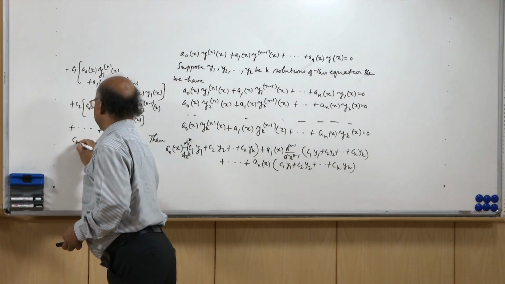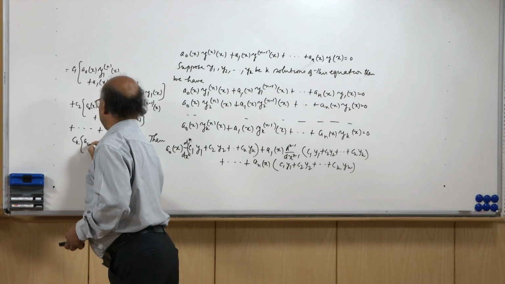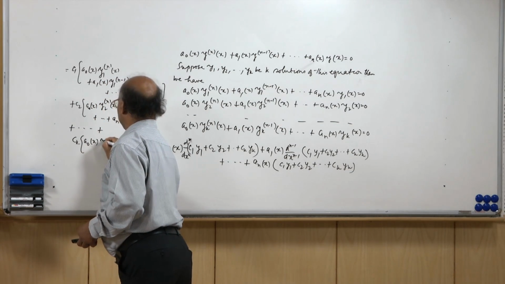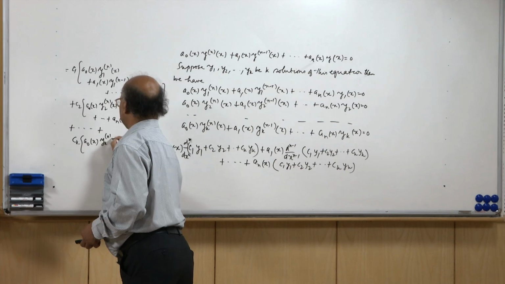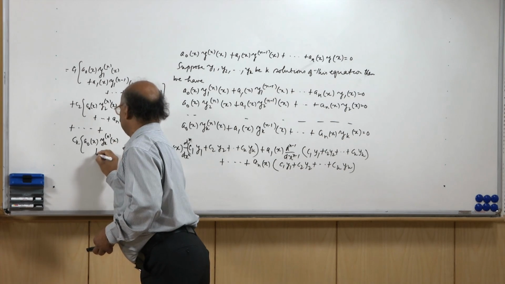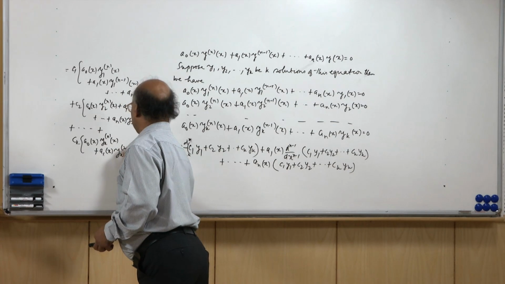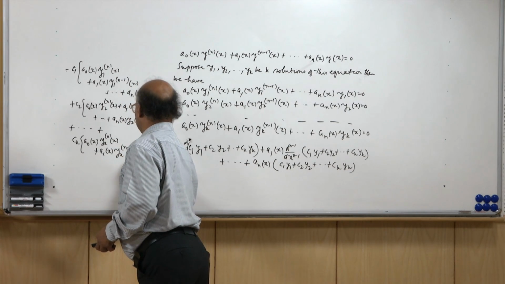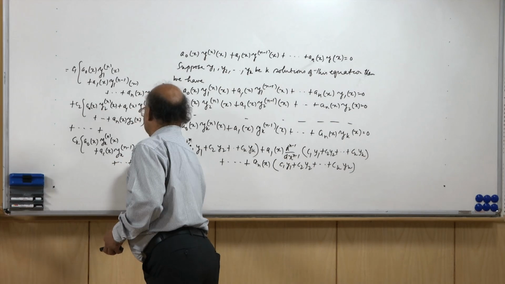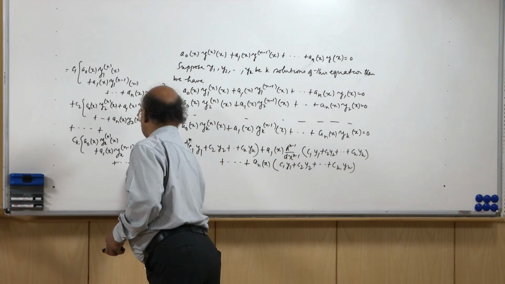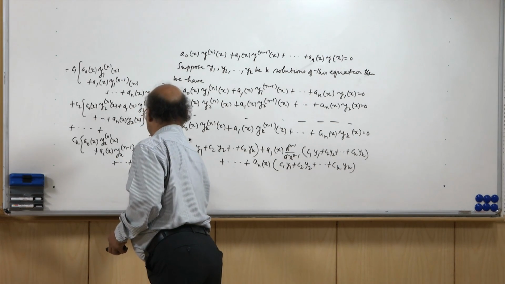We can write ck times a0(x) yk^(n)(x) plus a1(x) yk^(n-1)(x) and so on, an(x) yk(x).